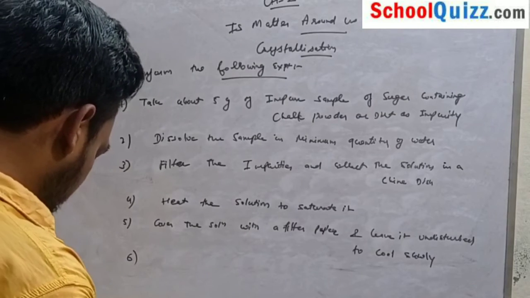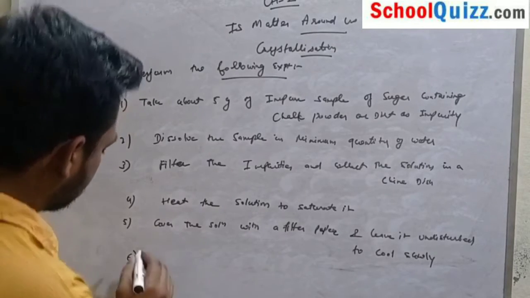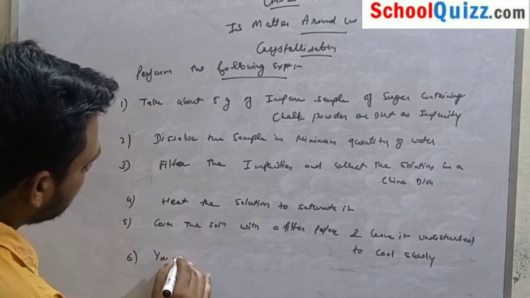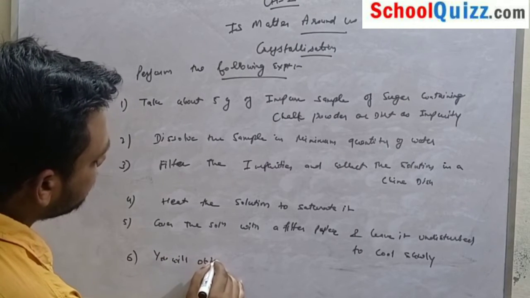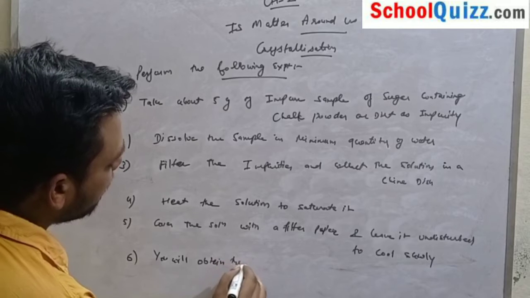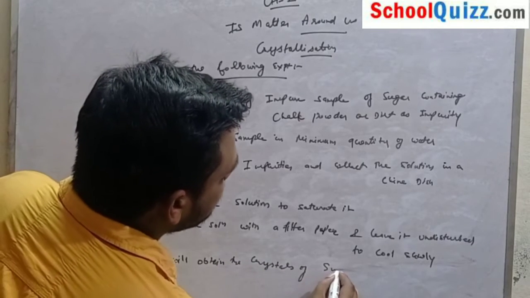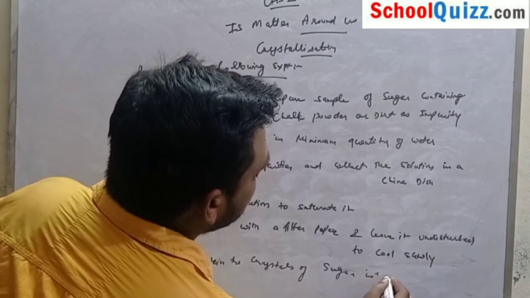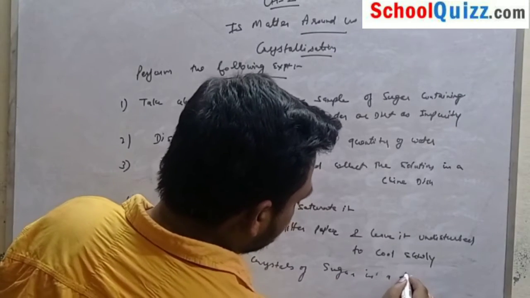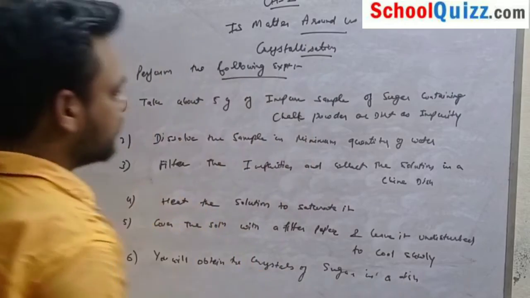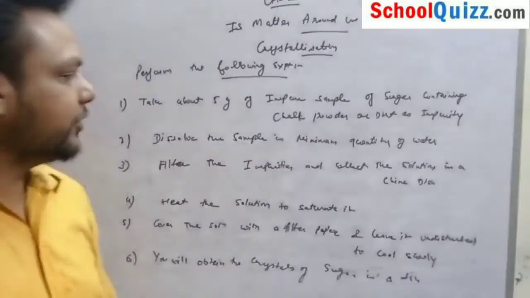Sixth point is, you will obtain the crystals of sugar in a dish.